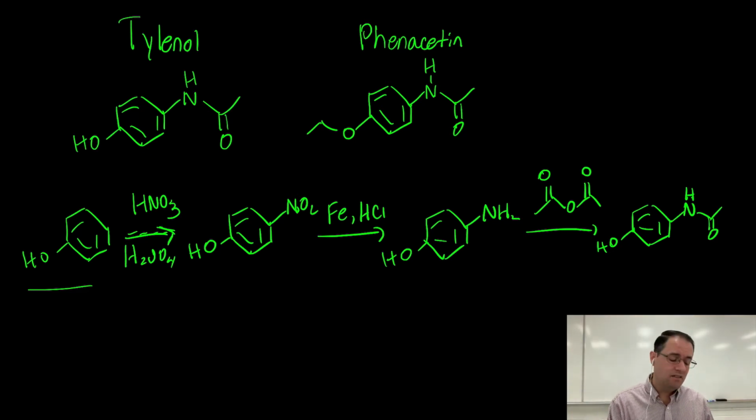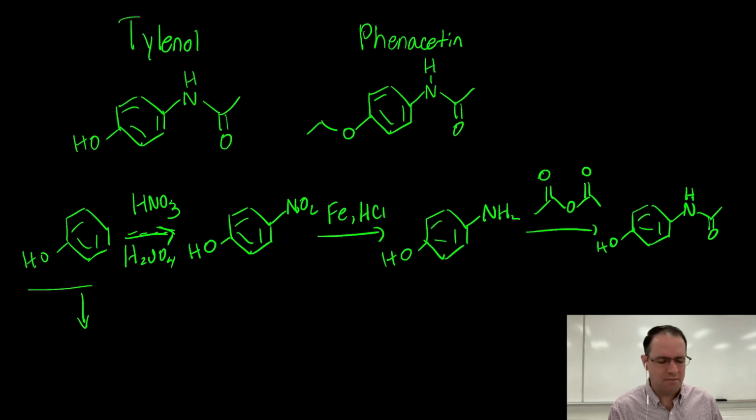Now, phenacetin is a close relative. What we need is an ethyl group. We need ethoxybenzene, okay? So here's phenol, and if we treat that with a base, this is the Williamson ether synthesis. We don't need to really use sodium hydride, which is very, very basic. We could just use sodium carbonate or something mild, okay?